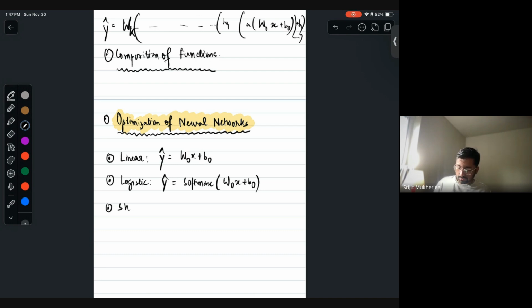For shallow, y hat was a of this. Now you can say both, one for classification, one for regression. For regression, it was just a of w x plus b naught. For classification, there will be a softmax of that.